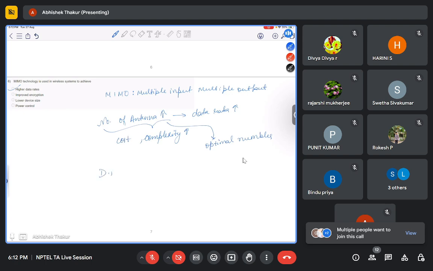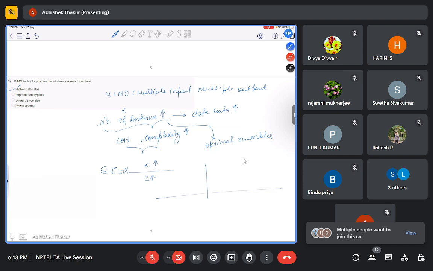Let's suppose the spectral efficiency is directly proportional to the data rate, and the data rate is directly proportional to the number of antennas. If the number of antennas is k, it is directly proportional to k. Take a constant alpha, and it is inversely proportional to the complexity and cost. So we have to take the optimal number.